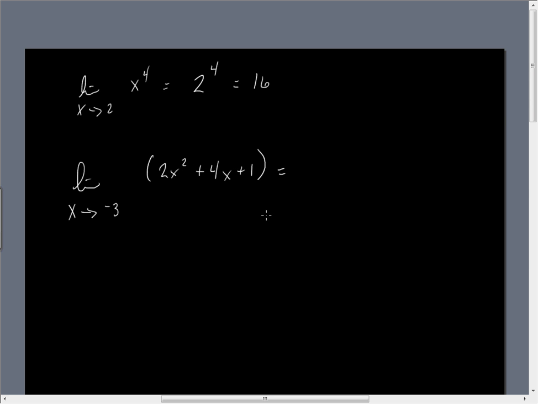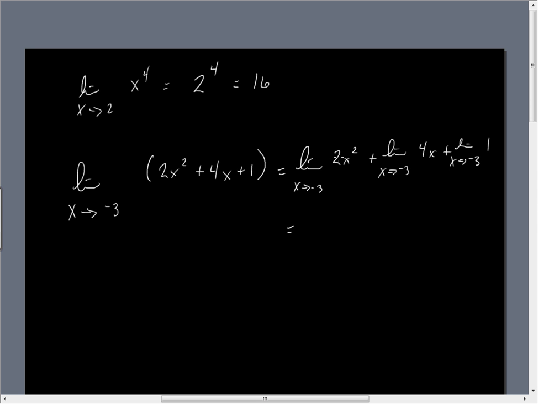Remember that we can split all this up, because the limit of a sum and difference of functions is the sum and difference of limits. So this becomes the limit as x tends to -3 of 2x squared, plus the limit as x tends to -3 of 4x, plus the limit as x tends to -3 of 1.